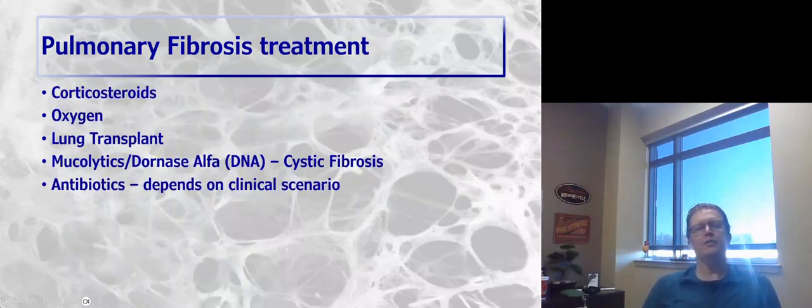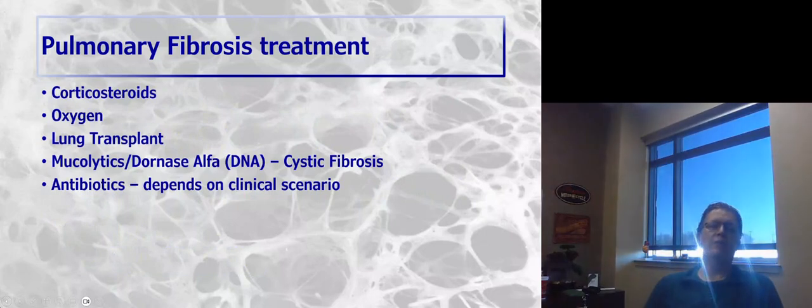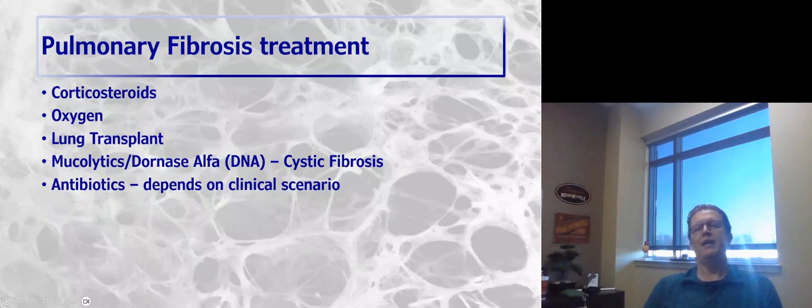Now, the way we're going to treat this is by and large with corticosteroids. That's the primary intervention, and that will start early. Notice that bronchodilators are not necessary. We may use bronchodilators, but they aren't necessarily the go-to drugs because the problem is not the airways not wanting to dilate.